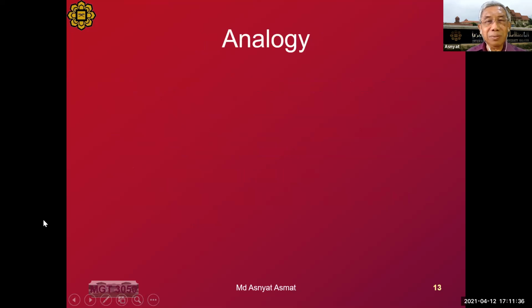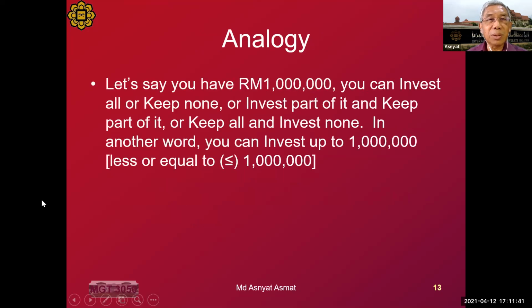Okay, let's imagine you have 1 million ringgit, and you are being given this 1 million. Then you have the discretion whether you want to invest all the 1 million or keep all the 1 million, invest part of it, or keep part of it, or keep all in your drawer and not invest at all.